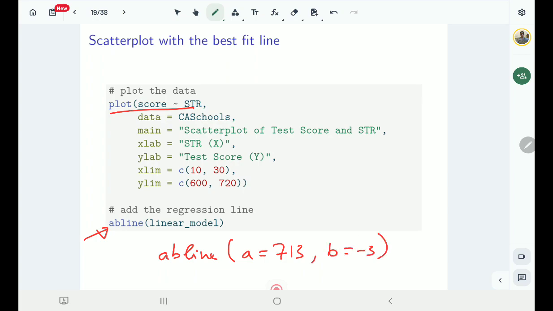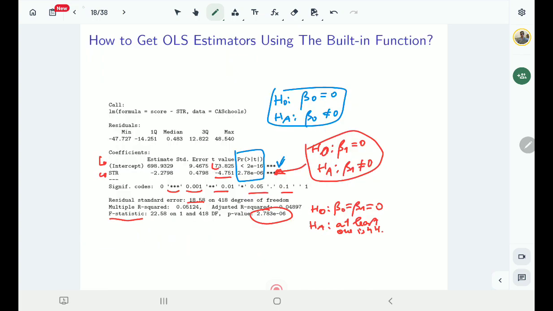But now this linear model is a regression model that has already been estimated using the lm function, lm of score on SDR. You can see that.